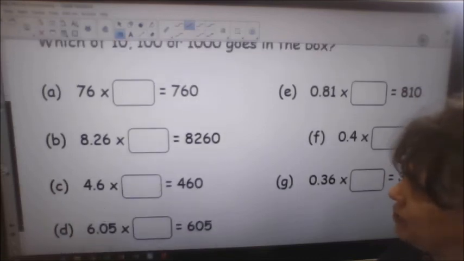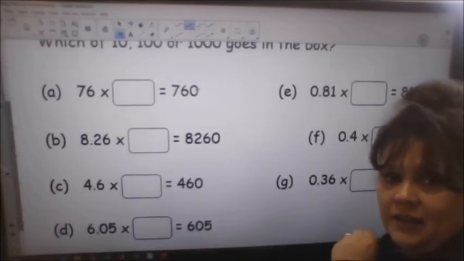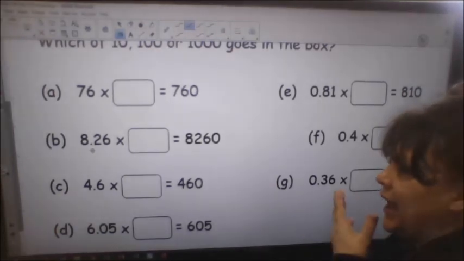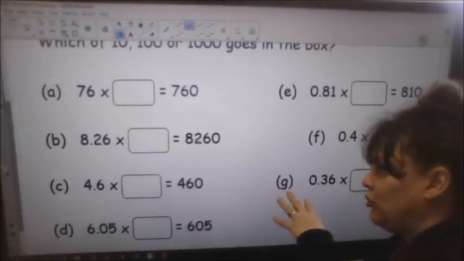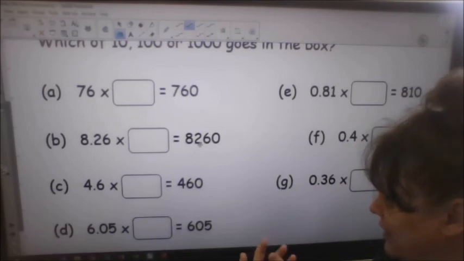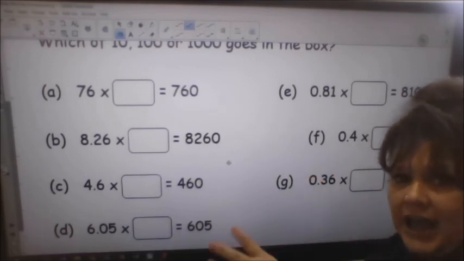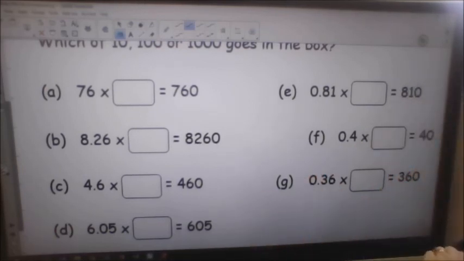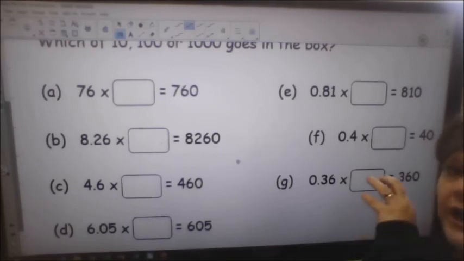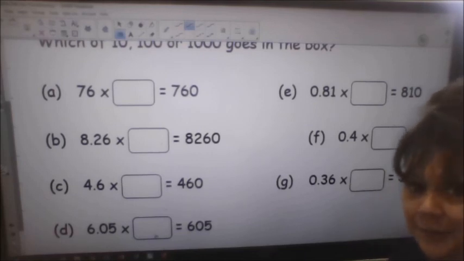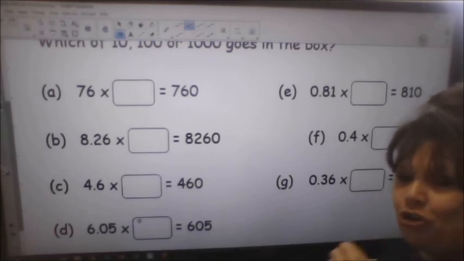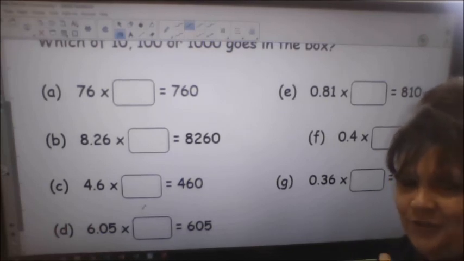So what do I multiply 76 by to get 760? 8.26, what do I multiply that by to get 8,260, etc. So you've got a series of questions here, and what you've got to do is in the box, is it a 10, 100, or 1,000 as the answer? All right, I am sure you are going to do brilliantly with this, and I look forward to seeing what you get up to.